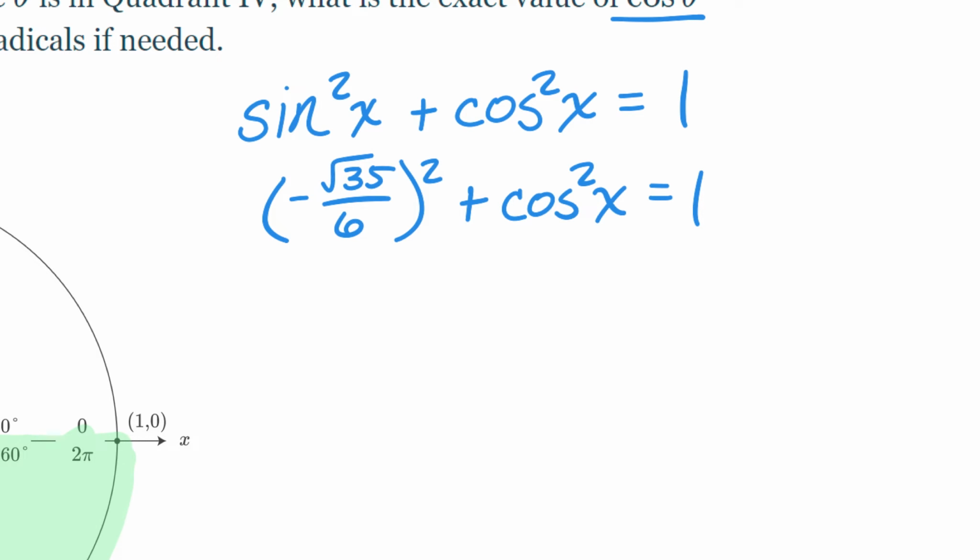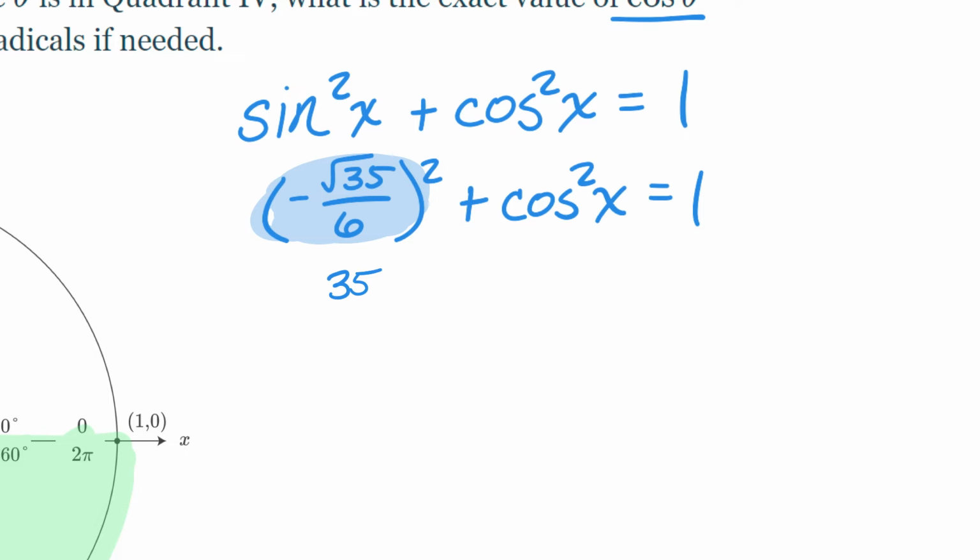Now, when we square this fraction, the fraction also has a radical on top. So we are individually going to square the numerator and the denominator. So when I square the square root of 35, what I get is 35.